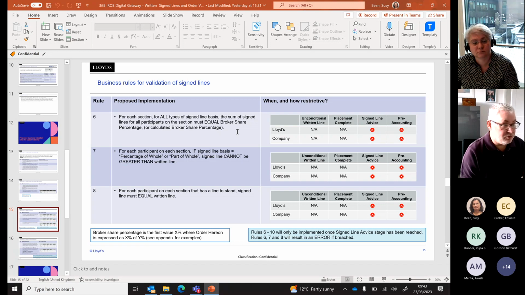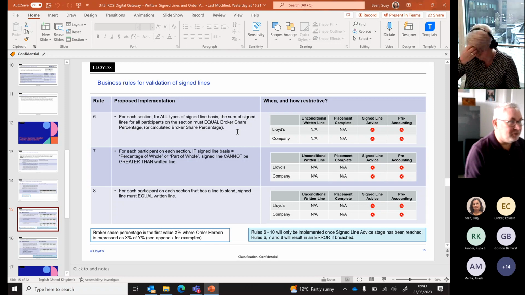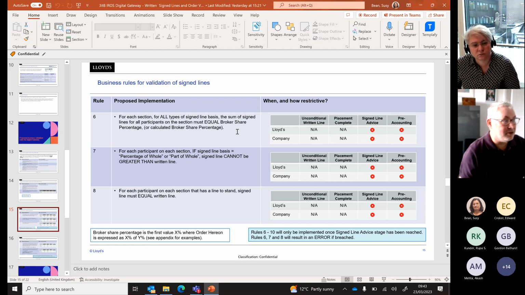How consistent are these rules with what you've got in the source broker policy admin systems? Because if they're the same, happy days. If they're different, why are they different? I'm not saying different's wrong, I'm just saying we should understand why they're different, because that's going to become an irritant if we're spotting things at the end of the process rather than being avoided at the start of the process.